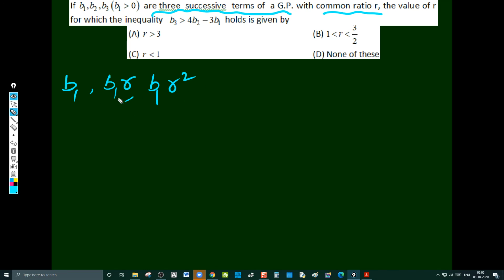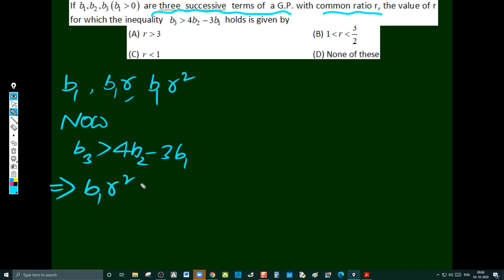Sir, A and C are coming. Okay. Now, what is the condition given there? B3 greater than 4B2 minus 3B1, which implies your B3 is B1 R square greater than 4B2, which is nothing but 4B1 R minus 3B1.